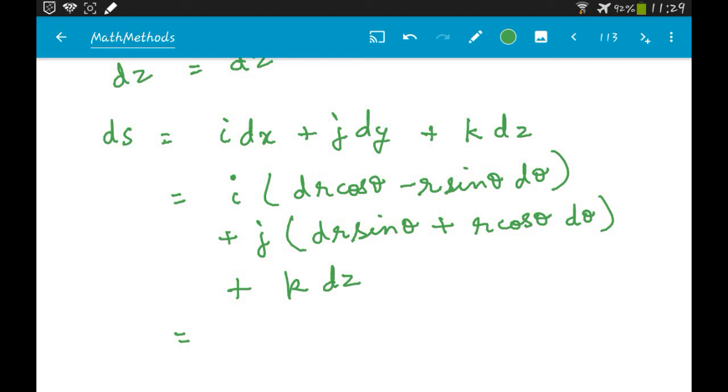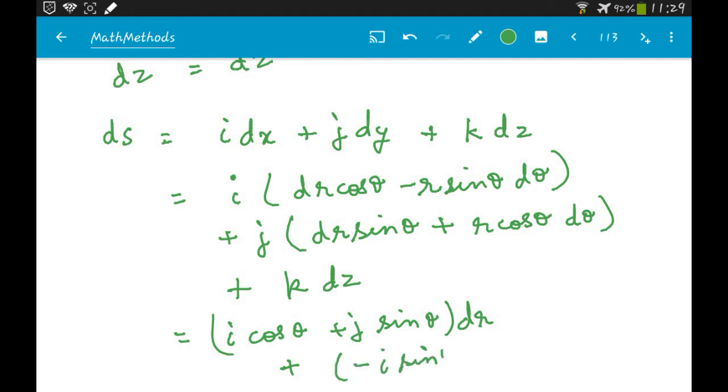we can take dr common, d theta common. So let's do that. So we'll have i cos theta plus j sine theta dr, plus minus i sine theta plus j cos theta d theta plus k dz.